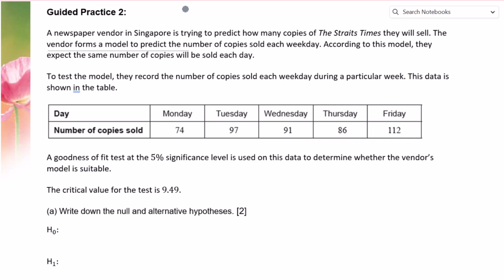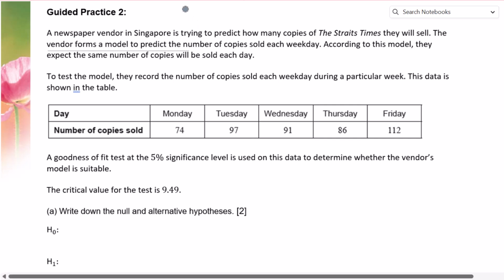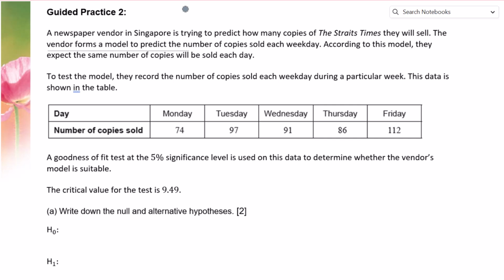Let's go to guided practice 2. A newspaper vendor in Singapore is trying to predict how many copies of the Straits Times they will sell. The vendor forms a model to predict the number of copies sold each weekday.